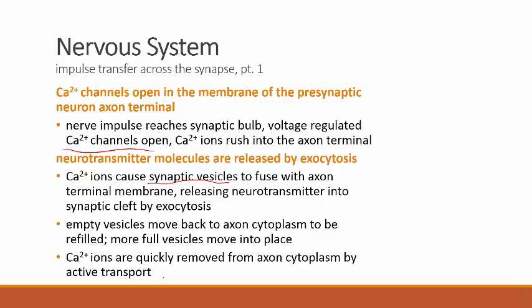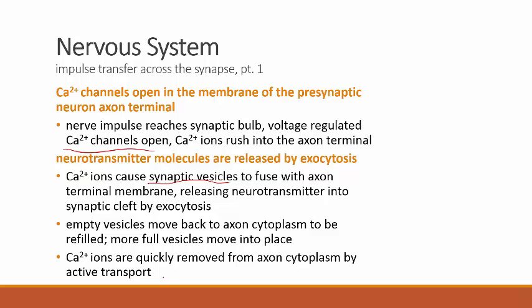So we'll use ATP to gather up calcium inside the presynaptic neuron there at the axon terminal, and so that calcium is then rounded up and very quickly moved back out into the extracellular fluid. Okay, so we've got then the axon terminals now reset and ready to receive a new action potential.